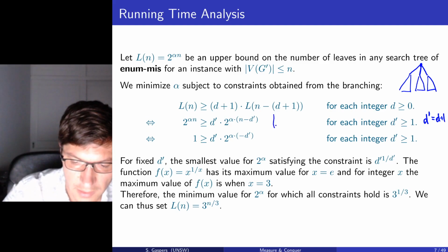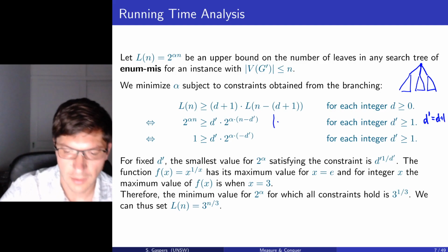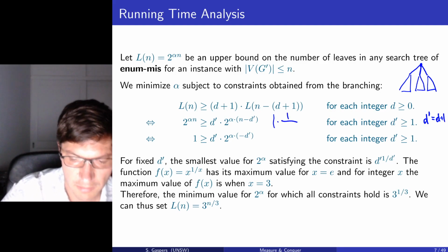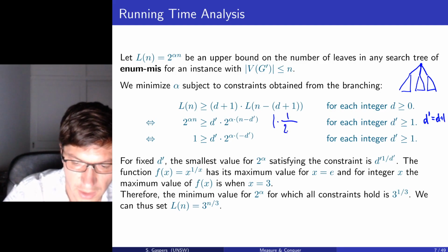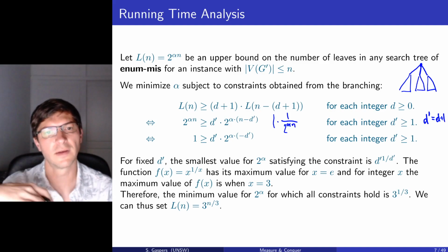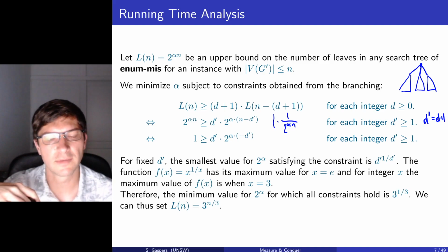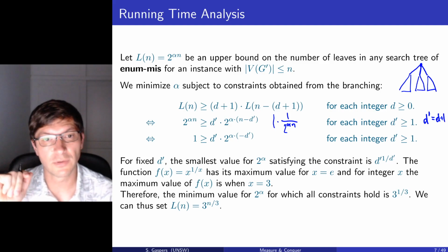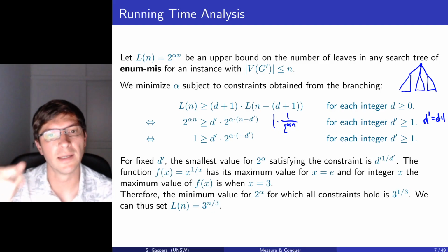And then next we are going to divide everything by 2 to the power alpha n. So then on the left hand side we get 1, and on the right hand side we get d prime times 2 to the power alpha times minus d prime. So what is nice now is that we have gotten rid of the variable n in our constraints.